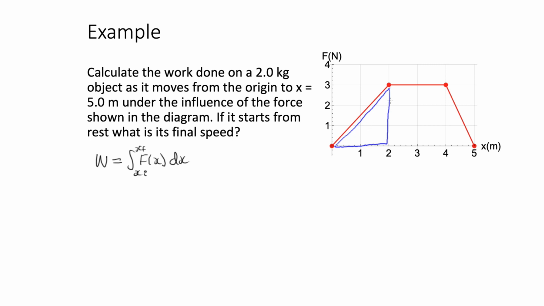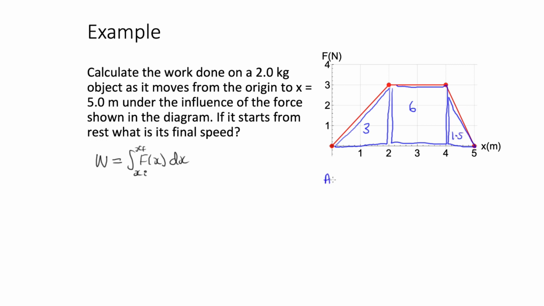Here we've got a triangle. The area of a triangle is half the base times the height. The base here is 2, the height is 3, so this has an area of 3. We've then got our rectangle here. Our rectangle has height 3 and length 2, so this has an area of 6. The area is in Newton meters. And then finally we've got this triangle here, which has a length of 1 and a height of 3, so this is 1.5.